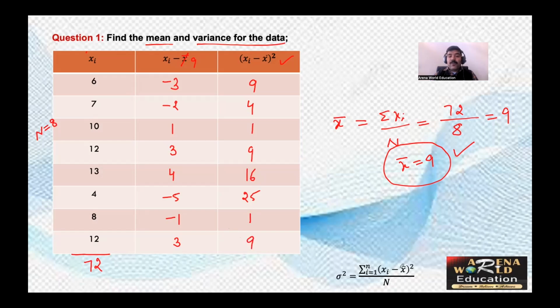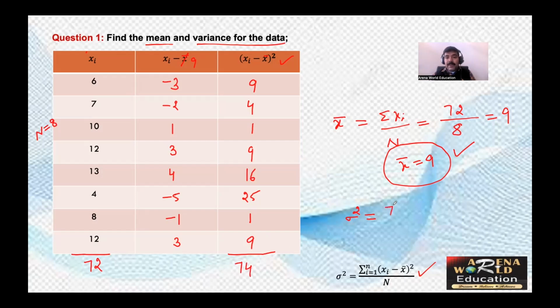And what is the formula for variance? I have already written this one. You have to remember this formula. So to find variance, we need what? Sum of all xi minus x bar square. So this sum will be equal to 74. So now what is variance?